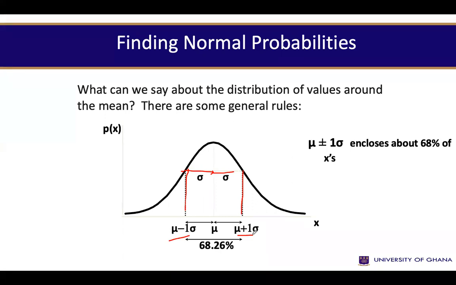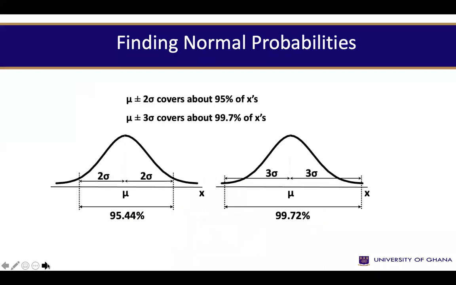So we know that if you move one standard deviation to the left and then one standard deviation to the right, the area occupied under the normal curve is about 68.26%. So it contains roughly 68.26% of the data that we have. Now, if you move two standard deviations to the left and then two standard deviations to the right, it means that you are occupying a larger area.